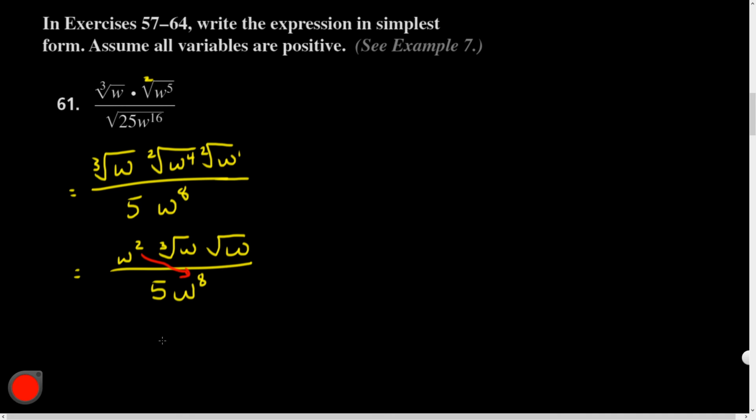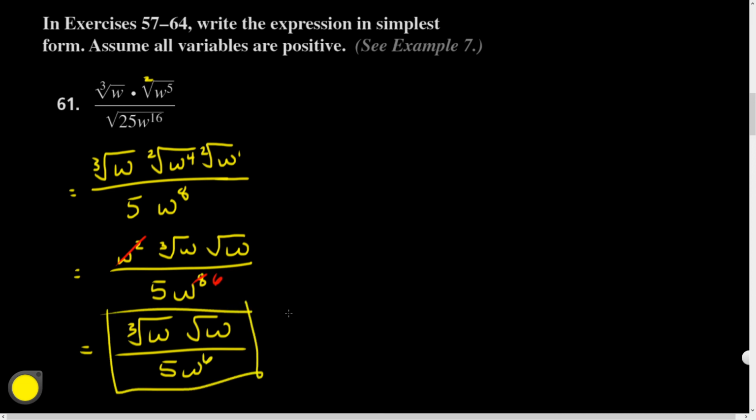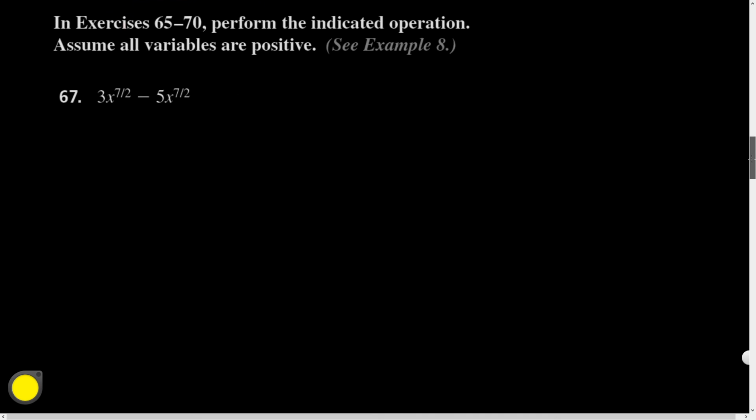You also could imagine it as canceling out 2 w's with 2 of those w's, leaving 6. The end result is the cube root of w, the square root of w, over 5w to the 6th. What a math.